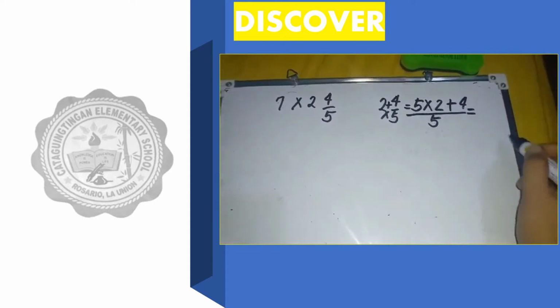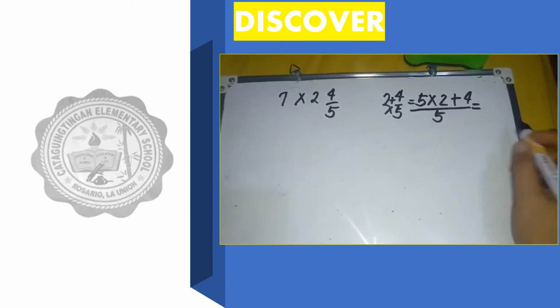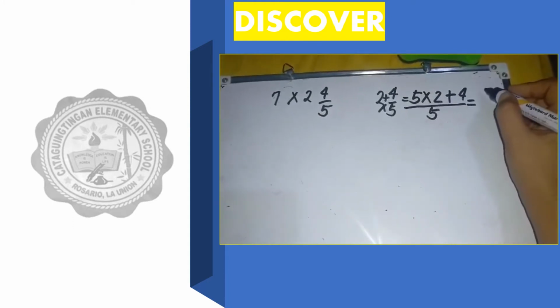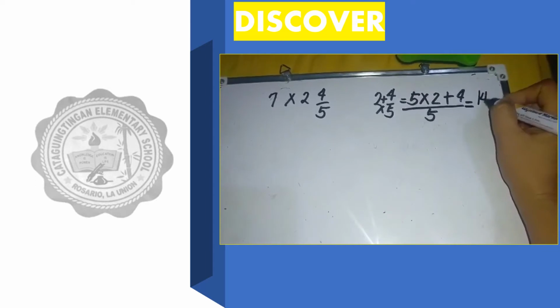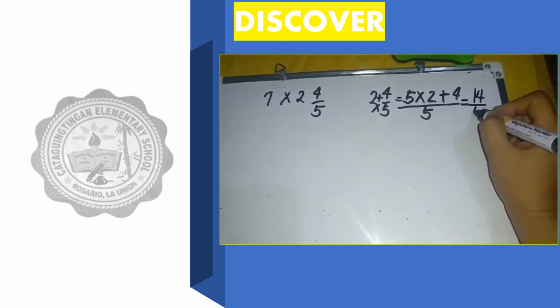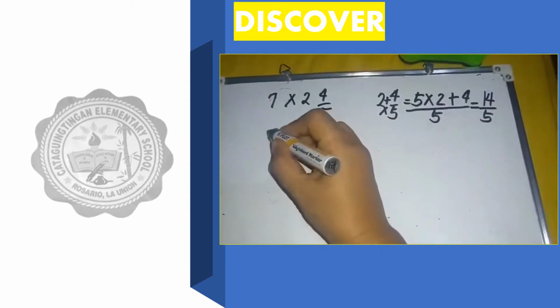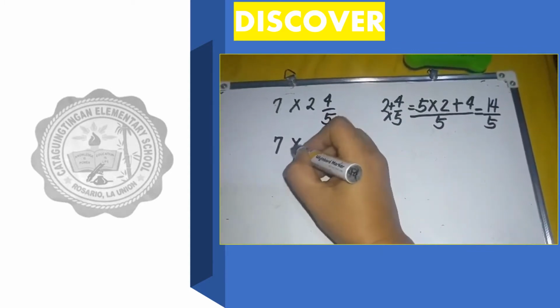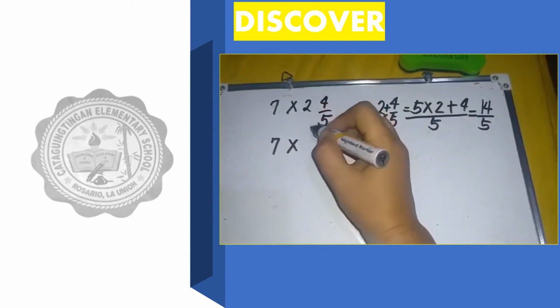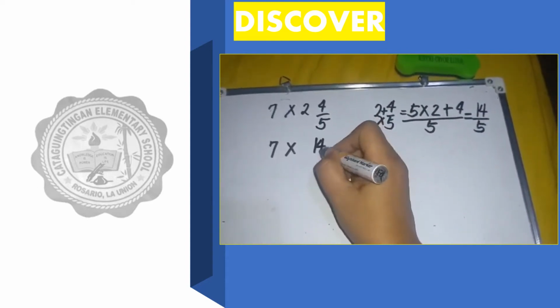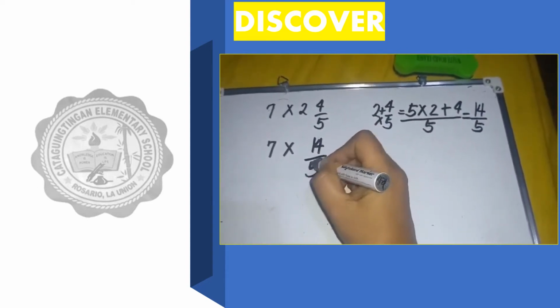Let us proceed. 5 times 2 is 10, plus 4 is 14. And we will copy the denominator 5. 14/5. So, 7 times, yung mixed number, naging improper fraction na siya, 14/5.